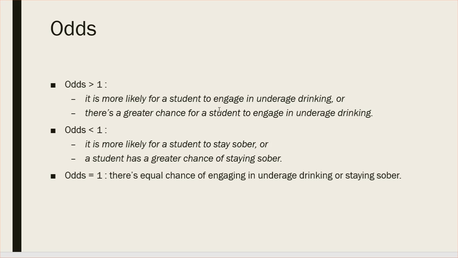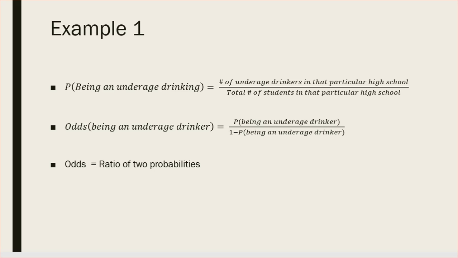So, when we see the odds of something equals 1, it means that there's an equal chance of engaging in underage drinking or staying sober. In other words, the probability of being an underage drinker is almost the same as the probability of staying sober. Remember the formula from here?